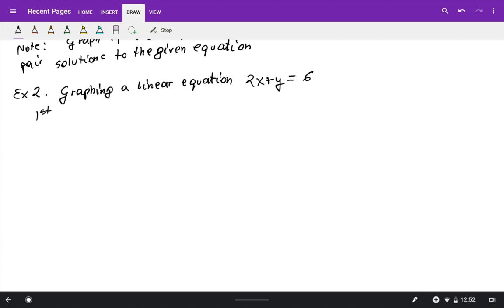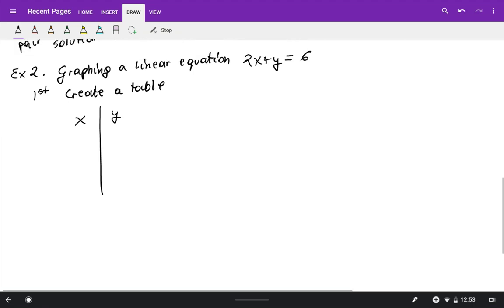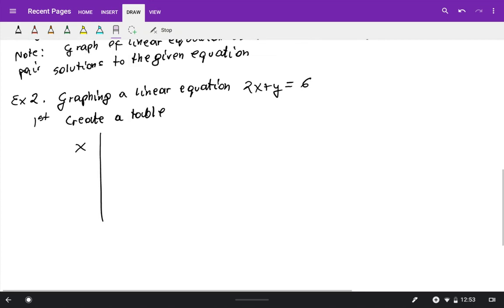First, you want to create a table. Your table will have 3 columns: x, then the second column will be the equation 2x plus y equals 6, and the last column will be the ordered pairs x comma y.